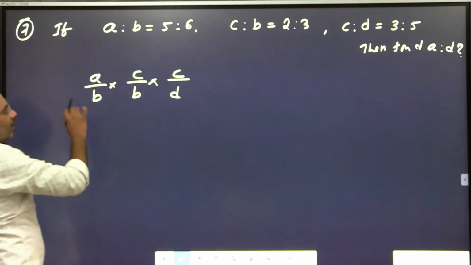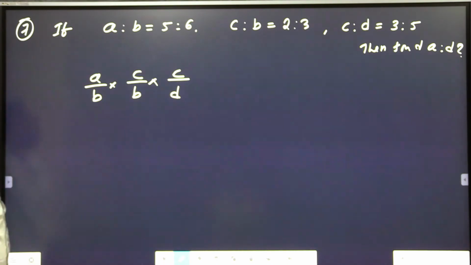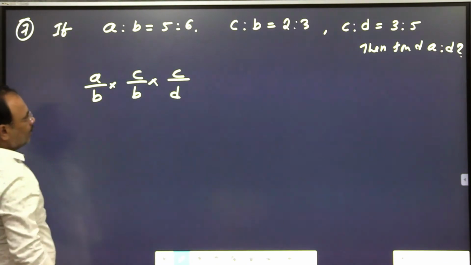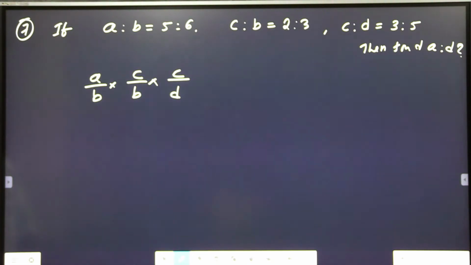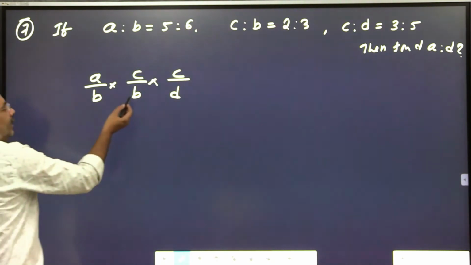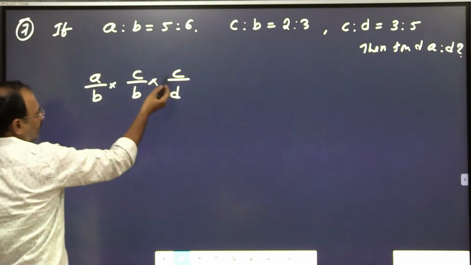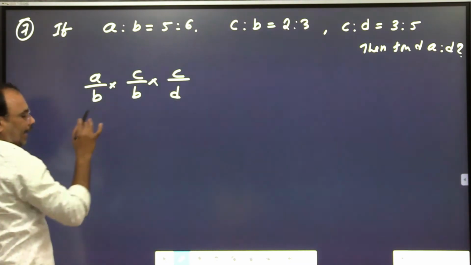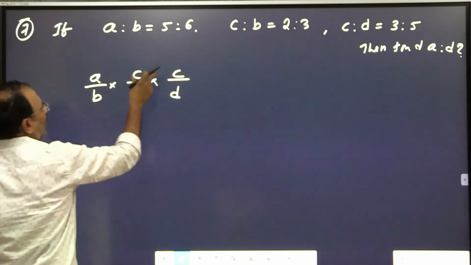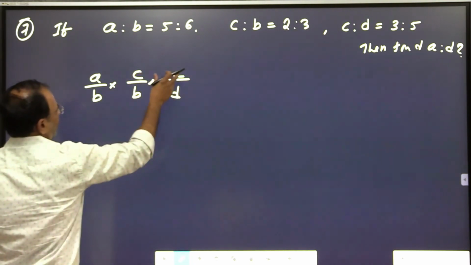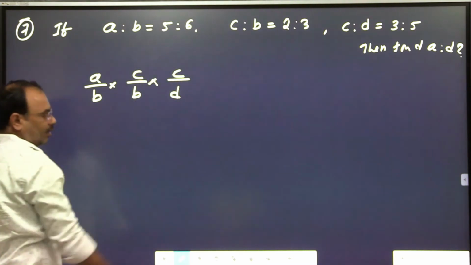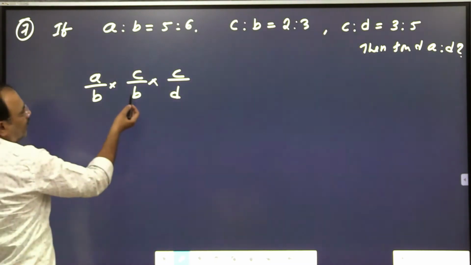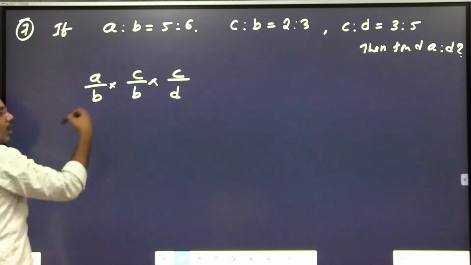But here no two terms can be cancelled. Numerator and denominator can be cancelled, but here B and B, these two are in the numerator, and C and C, these two are also in the numerator.